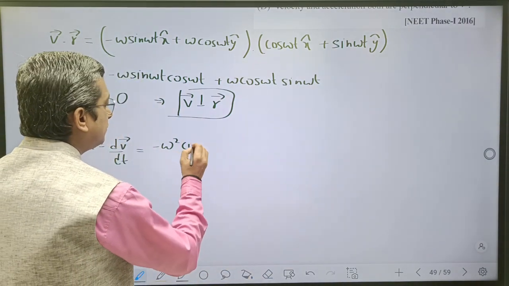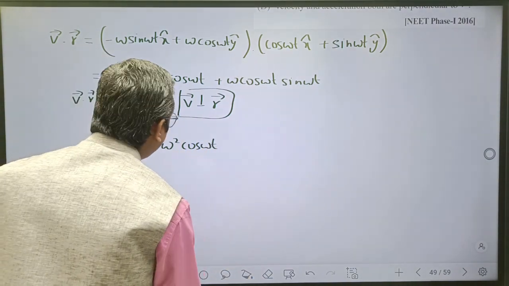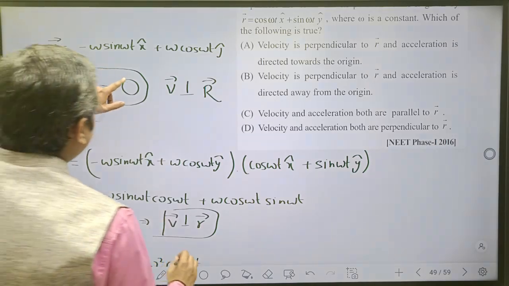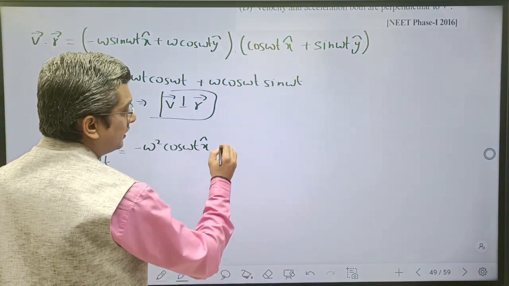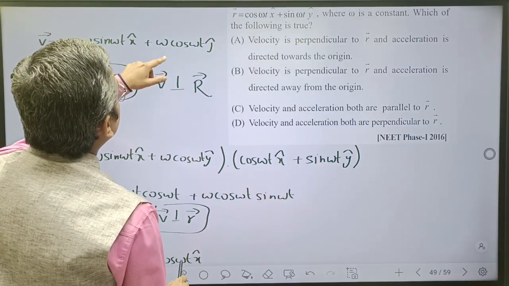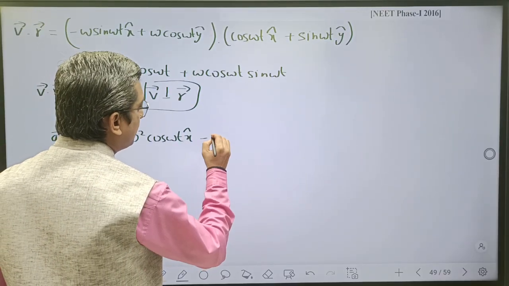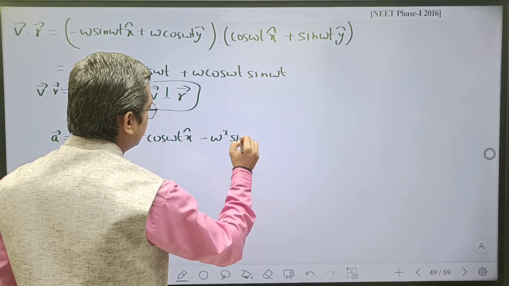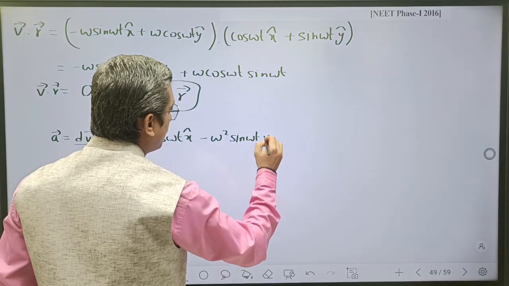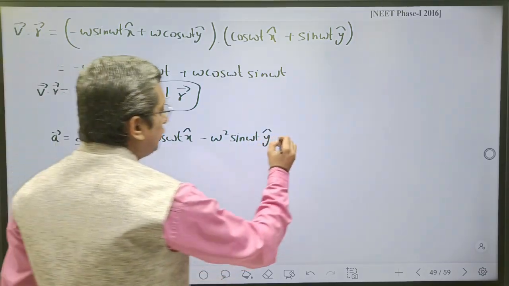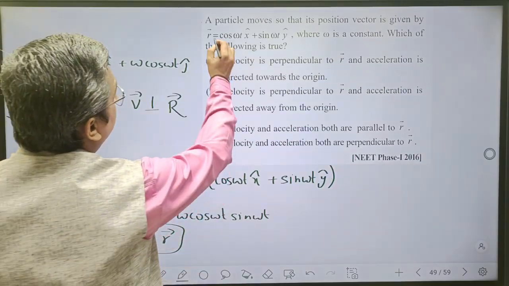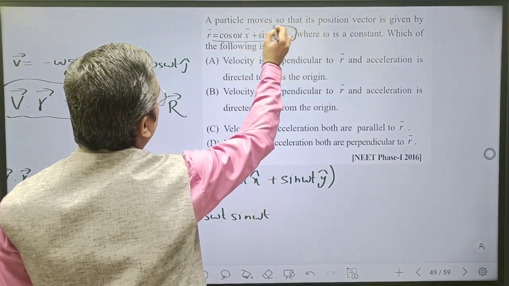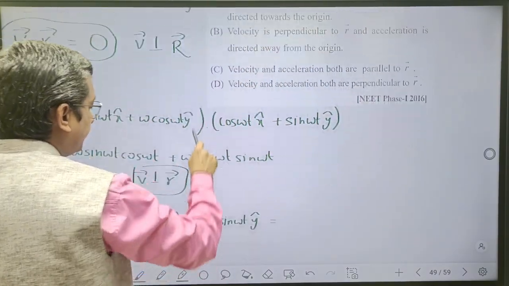So this will be minus omega square cos omega t x cap, and differentiating again, minus omega square sine omega t y cap. Now observe carefully: cos omega t x cap plus sine omega t y cap is nothing but the position vector.